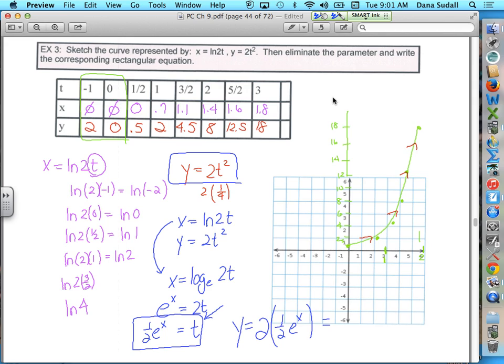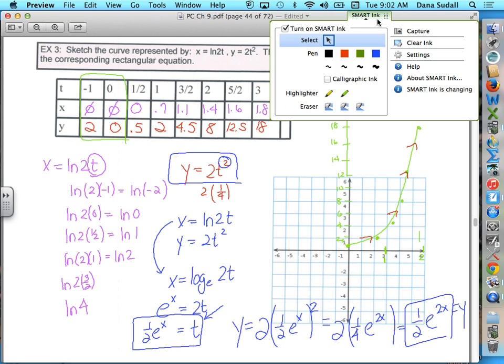It was 2 times 1/2 e to the x squared, right, the t is squared. So if I simplify this, I've got 2 out in front, 1/4 e to the x, and it's squared, that'll make that 2x. It'll give me 1/2 e to the 2x. So that's my equation in rectangular form then. And some of them are easier to rewrite than others.